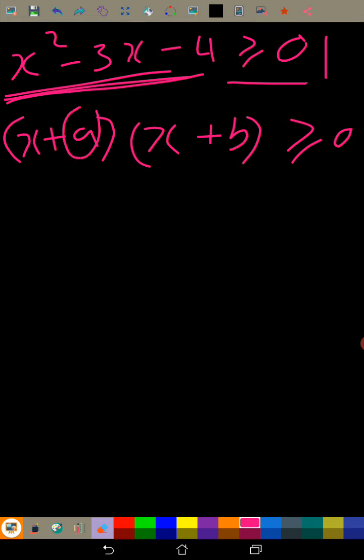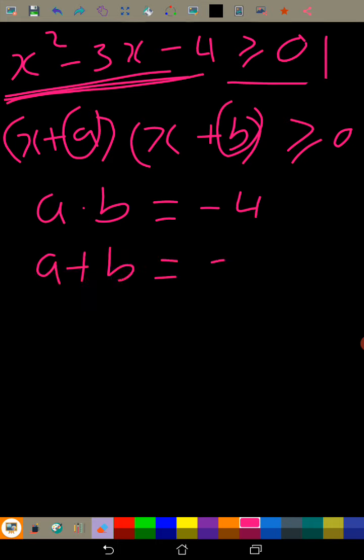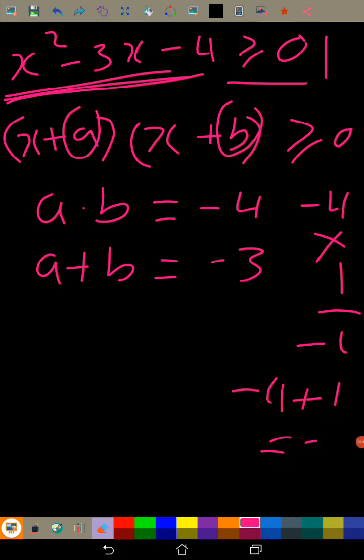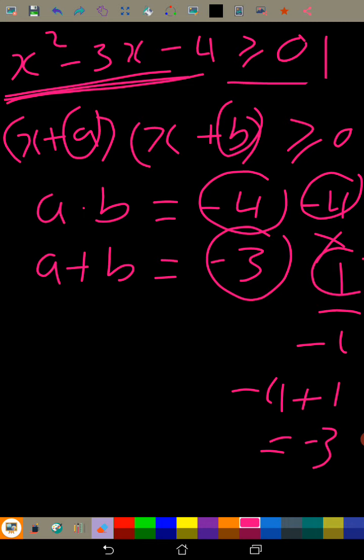These are what we're looking for. We know that a times b gives us minus 4, and a plus b gives us minus 3. So something tells me that minus 4 times 1 gives you minus 4, but minus 4 plus 1 gives you minus 3. So I think we should use these. That's how I know what the roots are.